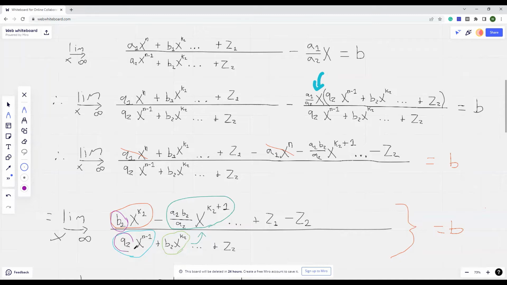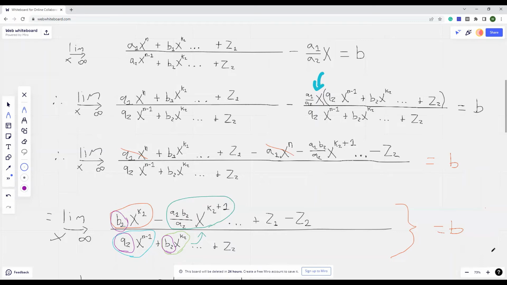A sub 2, that's the coefficient on the term raised to the highest power in the denominator. And then finally, we're going to worry about this term, b sub 2. That's the coefficient on the term raised to the second highest power in the denominator. So that's all that we're going to look at.